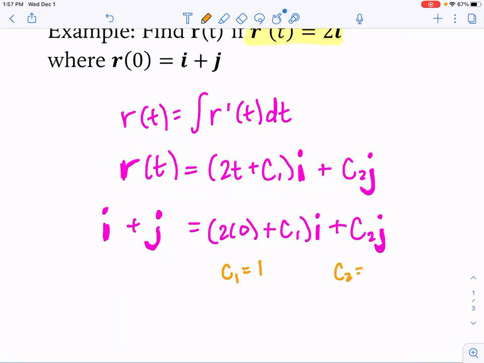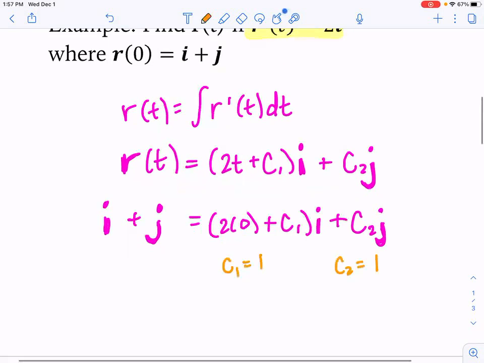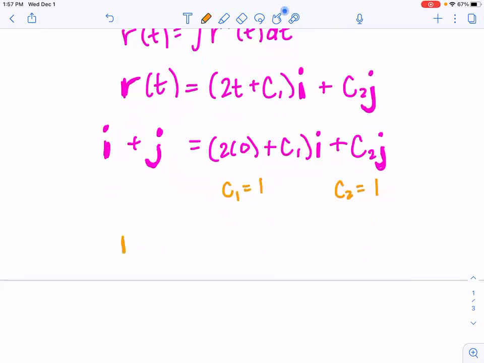What about C2? So R of t is 2t plus 1 at the quantity I plus 1 J.